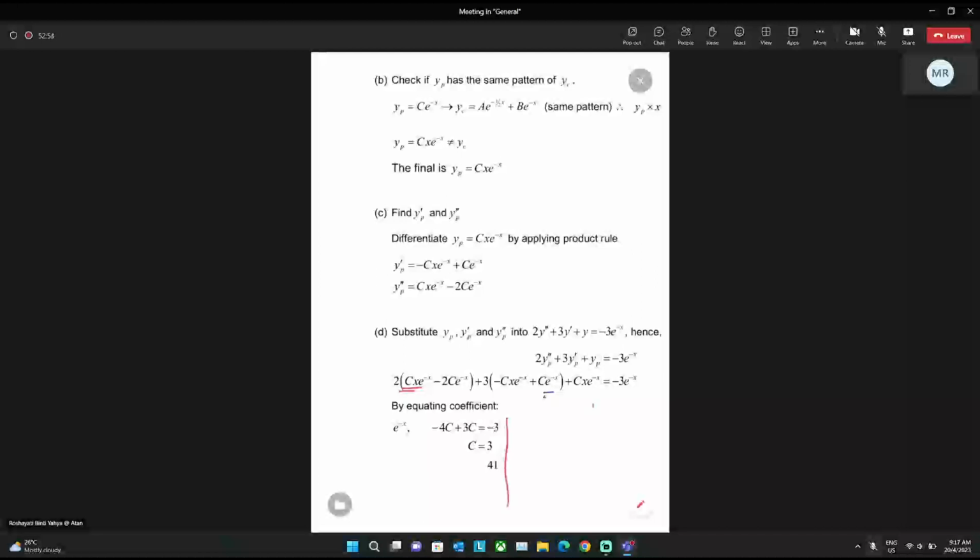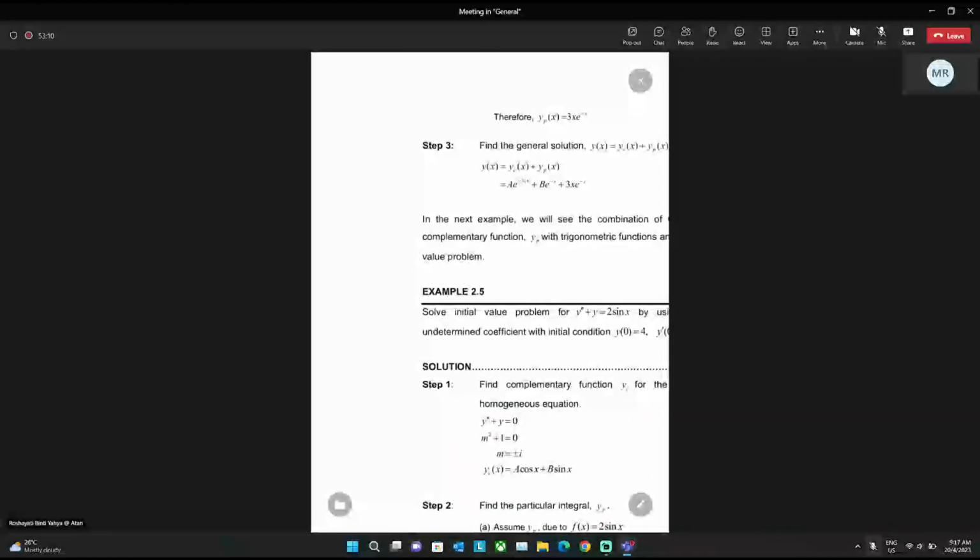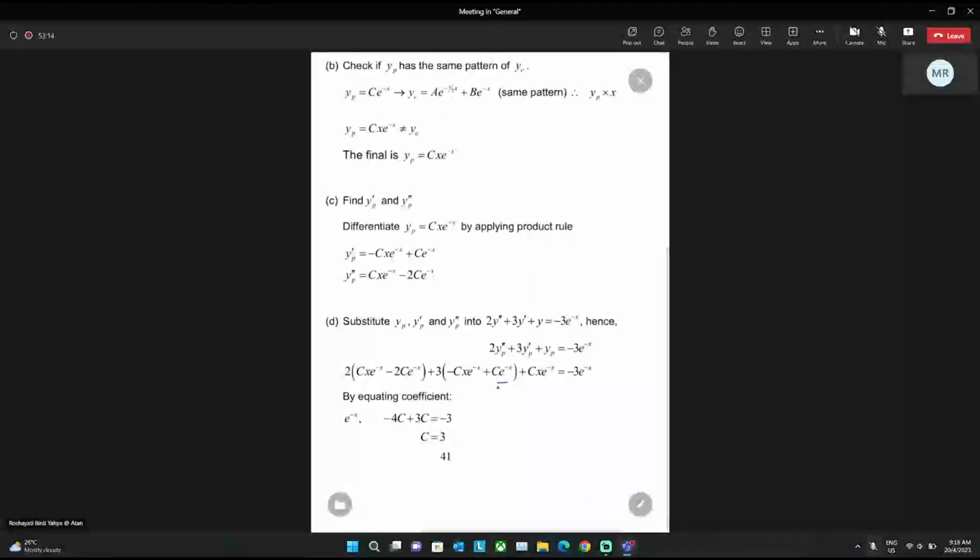Actually, if you go for x exponential negative x, 2c minus 3c plus c is part equal to 0.